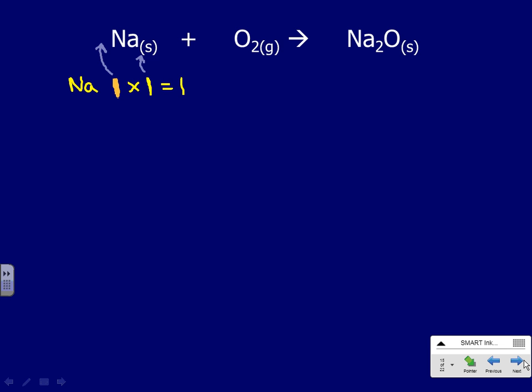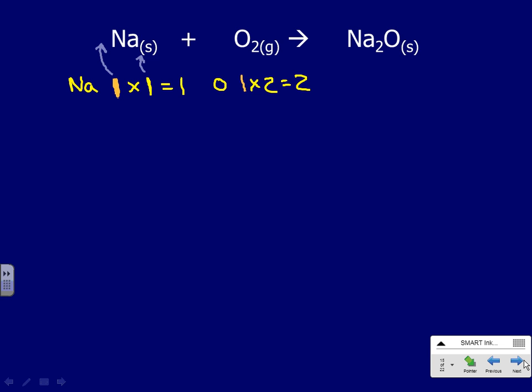So for O, I have, this time I'm going to make it pink, 1, O2. And how many atoms are in each of these things? 2. So I have 2 O atoms. Because there's a 1 in the front, there's a little 2. Make sense? Okay.